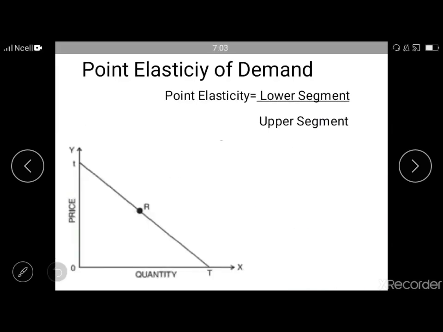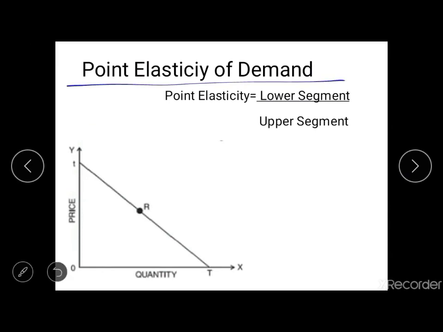Now let's talk about the point elasticity of demand. It is yet another method of calculating the price elasticity of demand. When the price elasticity is to be calculated at any point on the demand curve, we use the point elasticity method. Now let's say we want to calculate the price elasticity at this point.